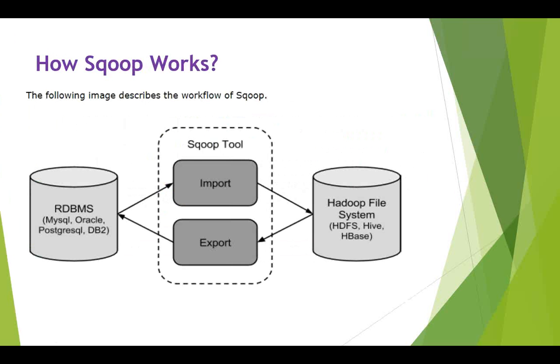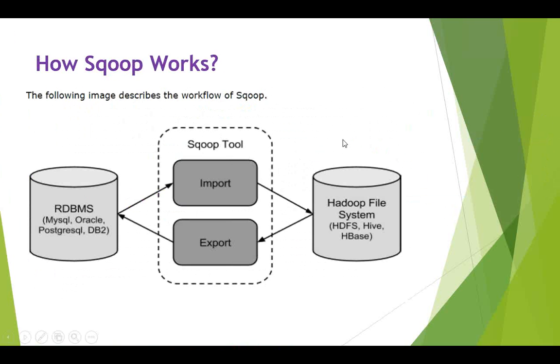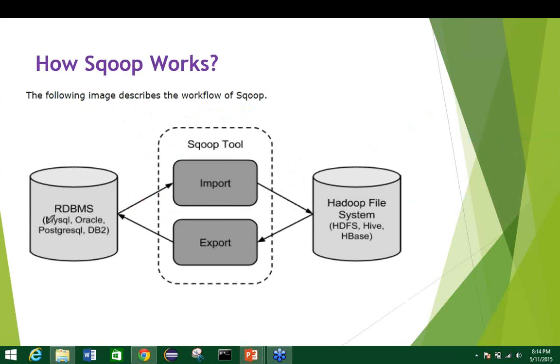How does Sqoop work? On the screen you may be able to see one figure. On the very left-hand side, we have the database, that is the RDBMS. Here we can use any database we are familiar with. The RDBMS may be of any type: MySQL, Oracle, or PostgreSQL, along with any database.